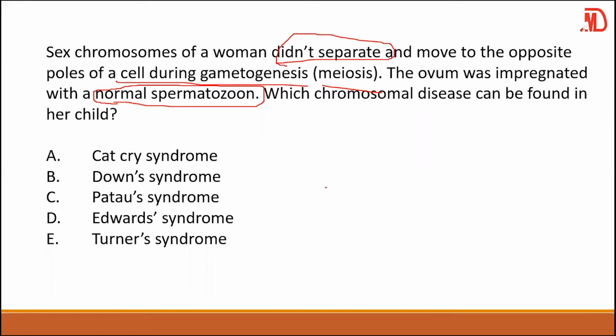And we know that, assuming this is your cell, at the equator, which is the center, during metaphase or anaphase, homologous chromosomes begin to separate to the opposite poles, isn't it? Exactly, to the opposite poles.